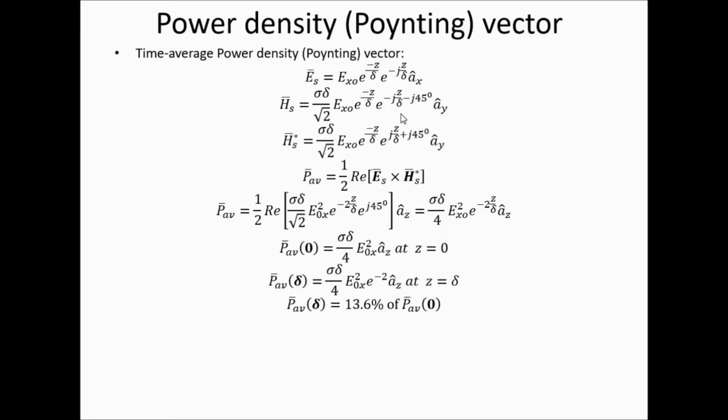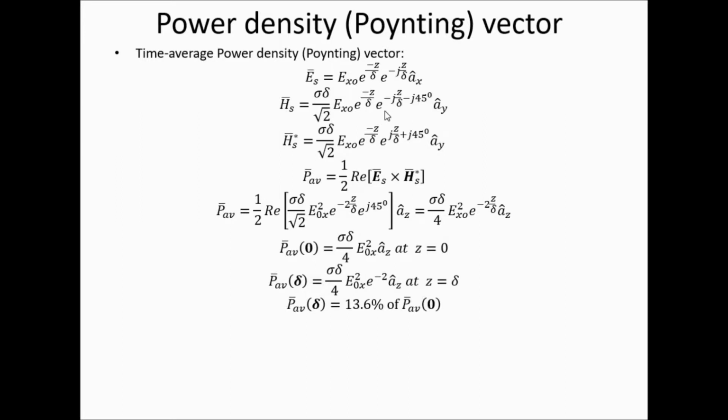Now to get the time average power, we know the formula is half real Es crossed Hs conjugate. So we need to find Hs conjugate first. To get Hs conjugate, we have to replace the sign of the j term with the opposite, like negative j becomes positive j. Here we have negative j, it becomes positive j.